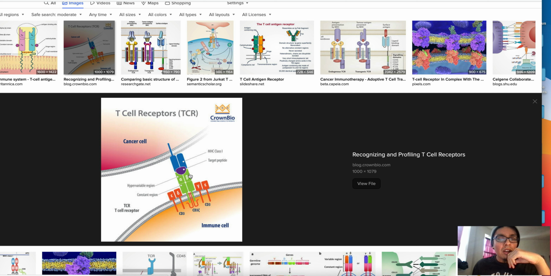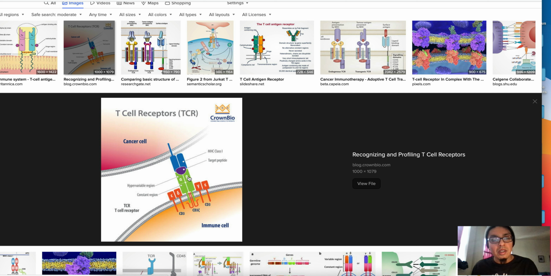Okay, so one thing we want to know about these receptors is that there are two kinds of T cell receptors, usually for the helper cells. They usually fall into the category of alpha beta or gamma delta types, and the Greek lettering refers to the subunits, right?